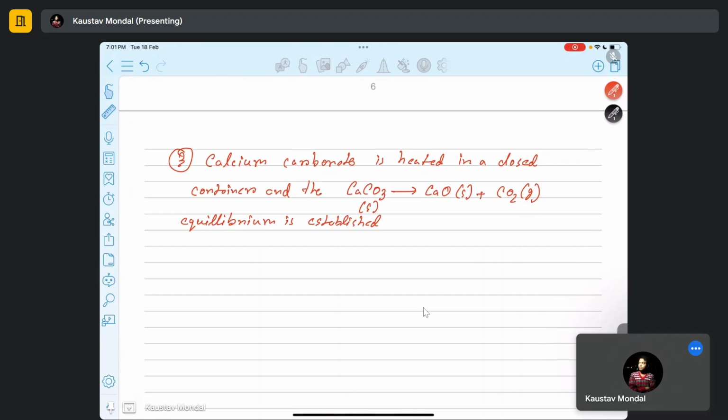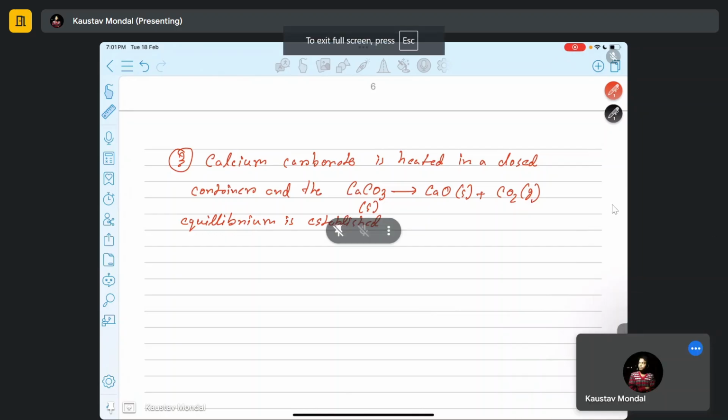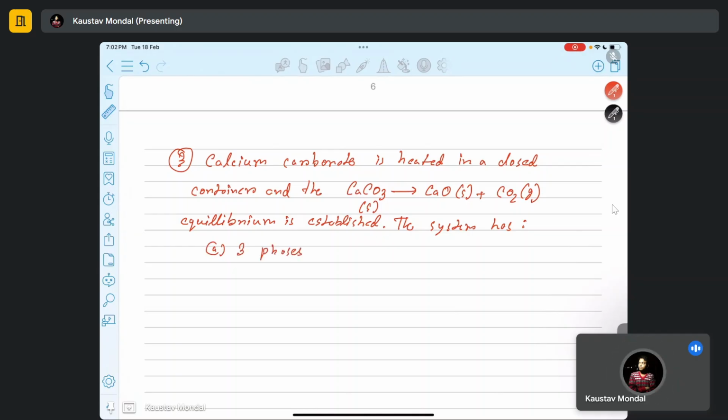Now we have to calculate, the system has: option A, 3 phases and 2 independent components.